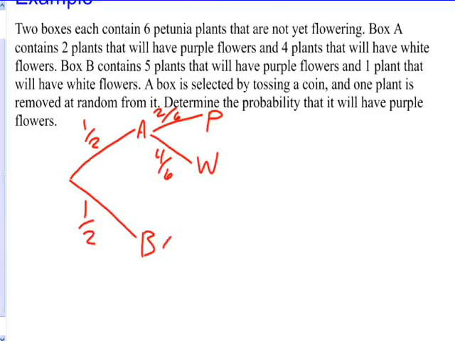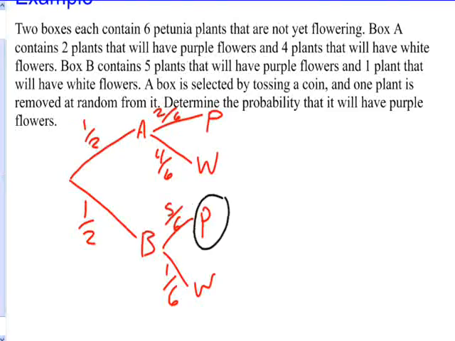Box B has 5 purple flowers, so there's a 5/6 chance, and there's a 1/6 chance of choosing a white. So these are the outcomes we want. We want this outcome and we want this outcome. We want to have a purple flower. So we have to multiply going across to get to those outcomes.